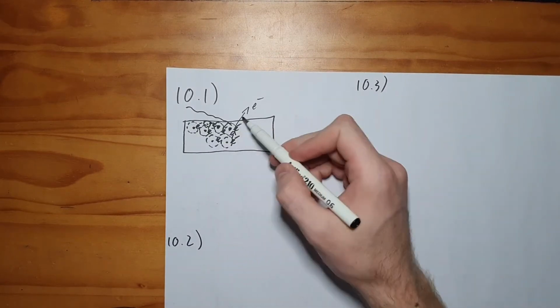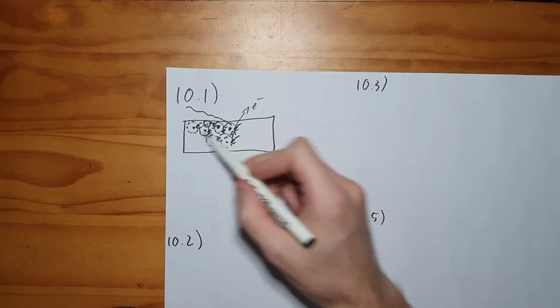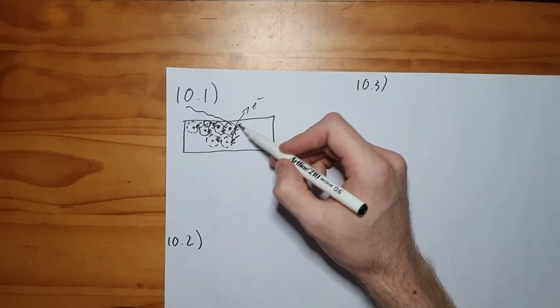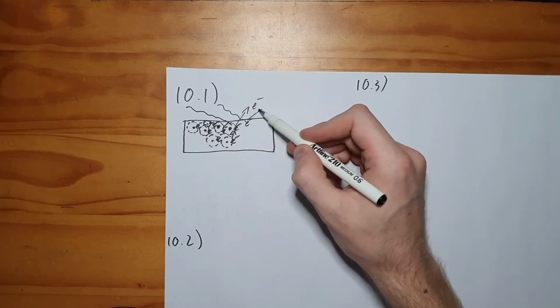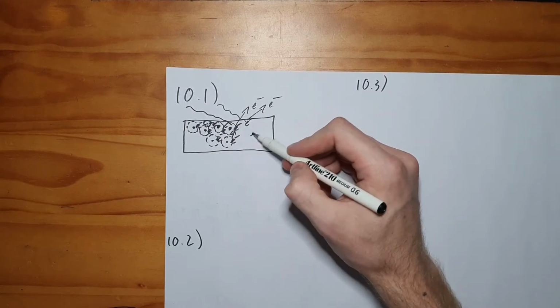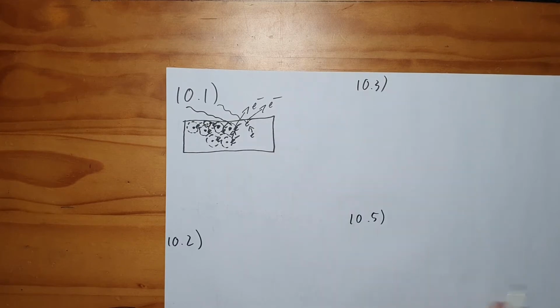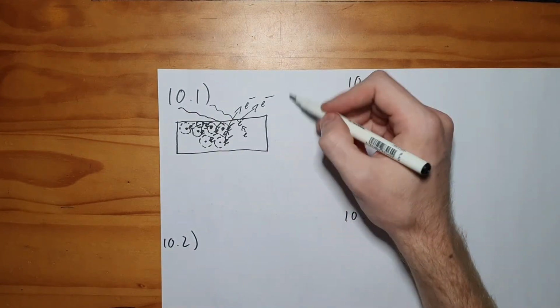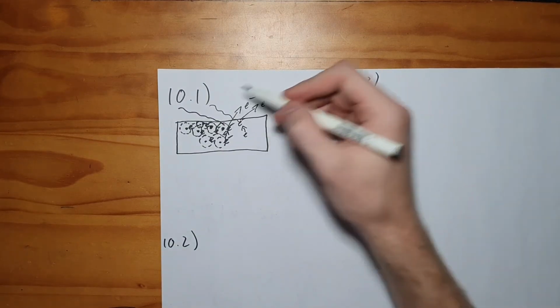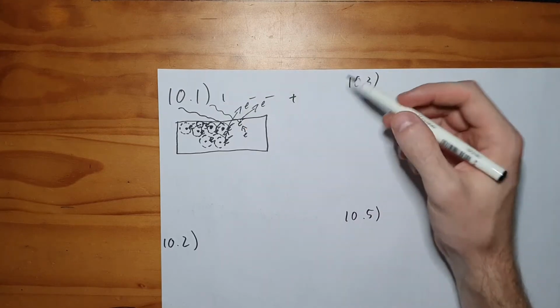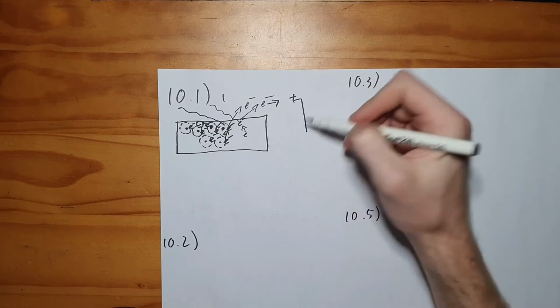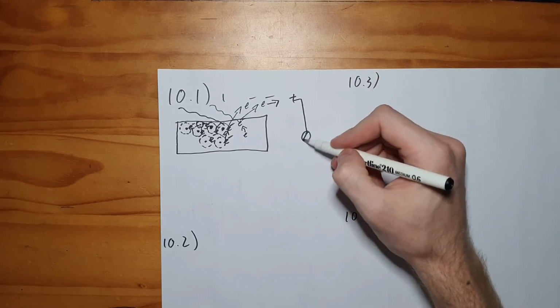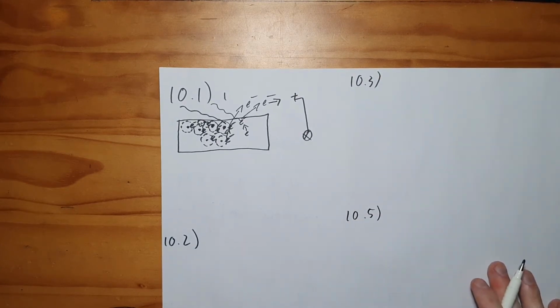This is why it always gets extracted from the surface of the metal. The ones right at the surface, the electron here, let's say we have incident light coming in, it kicks it out, and an electron from further down moves up. Then if you put a potential, a positive here and a negative here, the electrons are attracted to the positive, and you can then create a circuit with a light bulb, and that's pretty much how solar panels work.